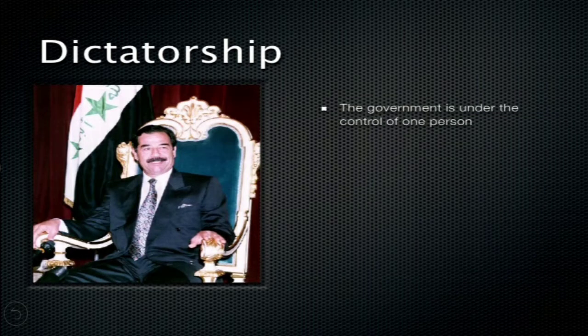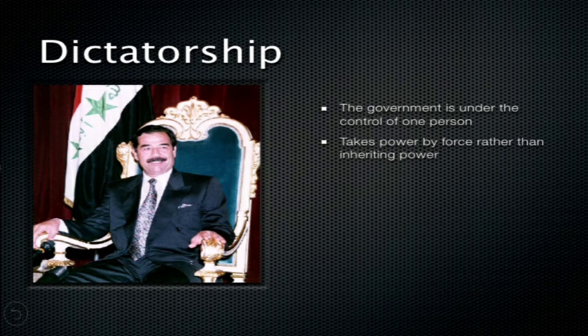Then another form of government is dictatorship. In dictatorship, the government is under the control of one person, who takes power by force rather than inheriting power. So children, in the previous form of government, the power is hereditary, that is, the father is the king and then his son and then his son.